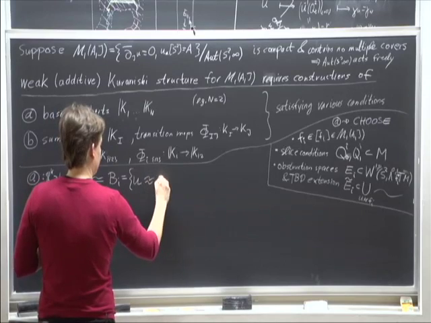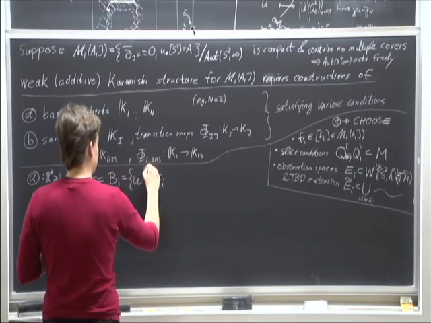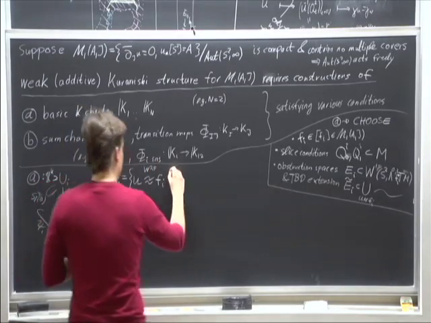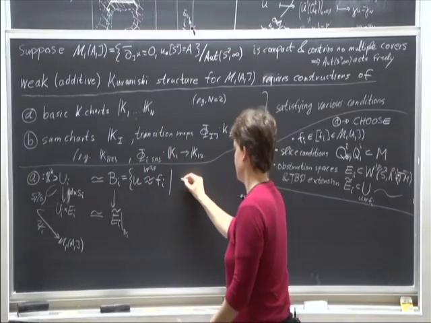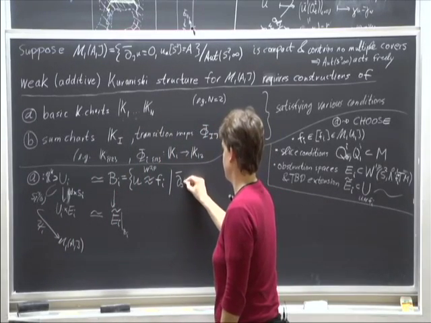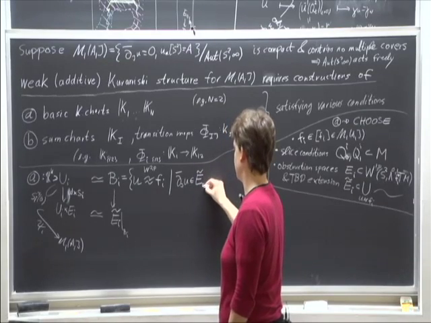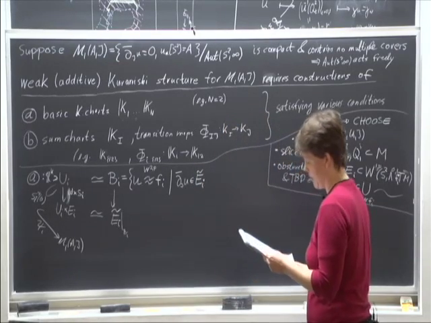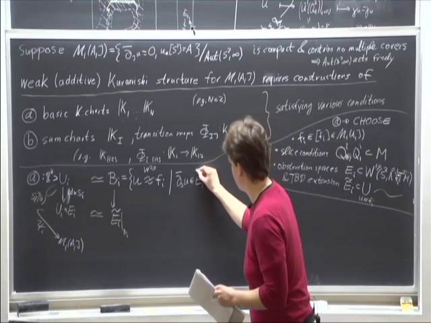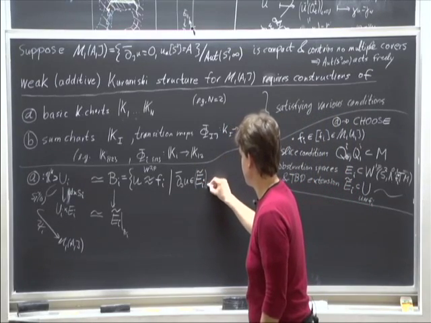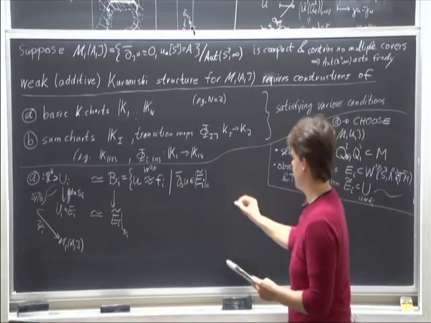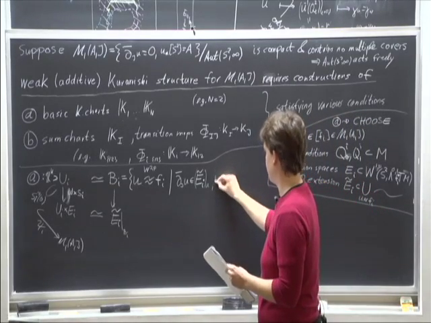Namely, all those maps that are W2P close to Fi satisfy the d-bar equation up to this finite dimensional vector space. So this is the fiber over U here. And I would like them to satisfy my constraints.